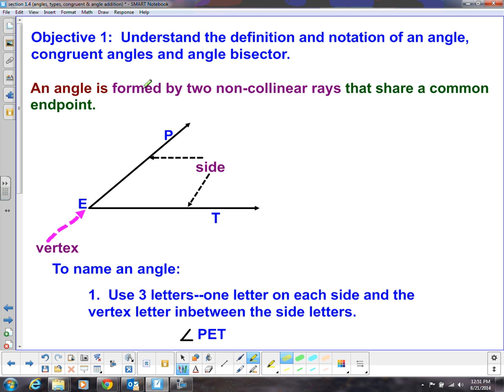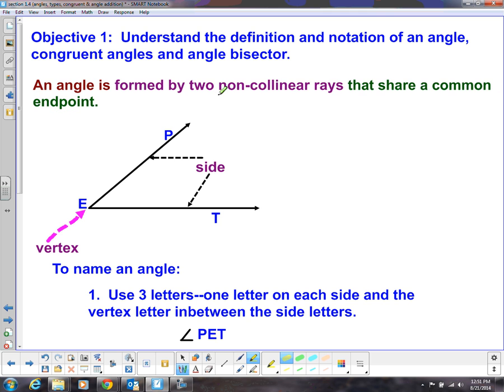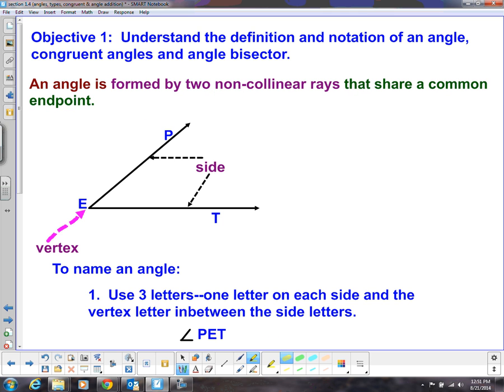So an angle is formed by two non-collinear rays that share a common endpoint. Non-collinear means not on a line. So here's our common endpoint, and that common endpoint E is called the vertex. And then the sides are formed by rays.